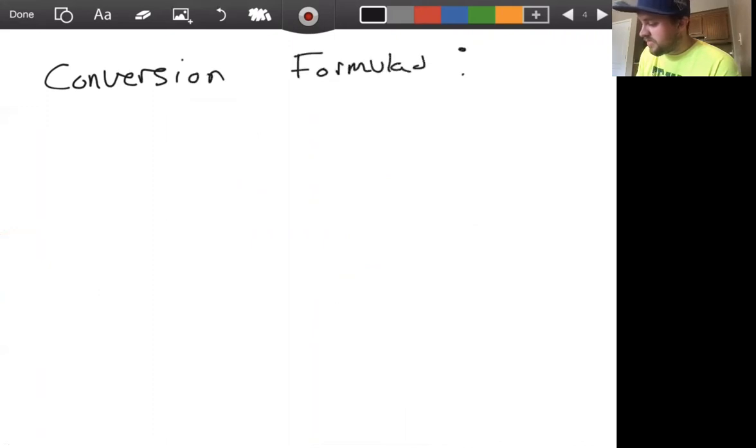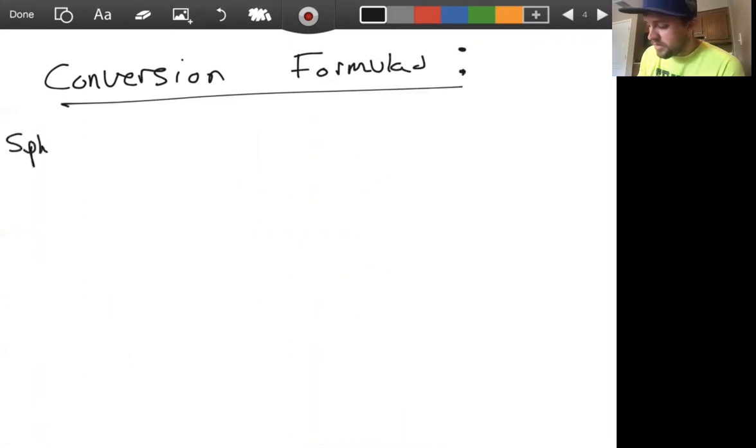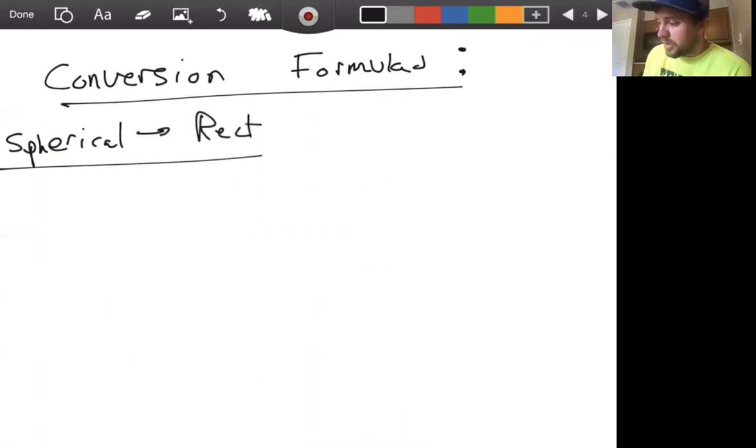And now we have some conversion formulas for spherical coordinates. If we want to go from spherical to rectangular, we have the following conversion formulas. X equals rho cosine theta sine phi.